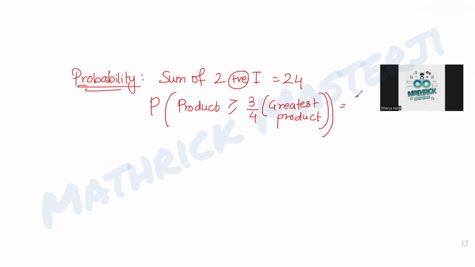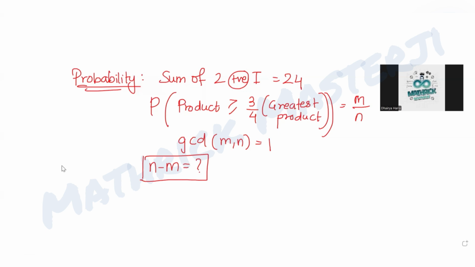The probability is given as m over n, where the GCD, the greatest common divisor of m and n, is 1. The question asks me to figure out the answer for n minus m.